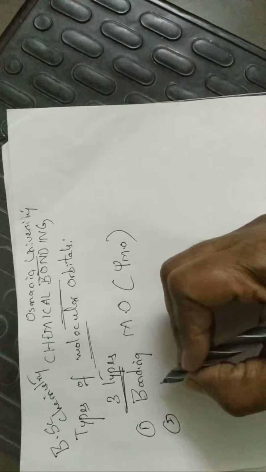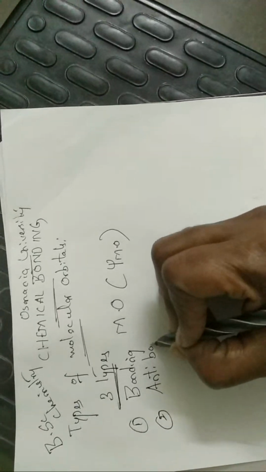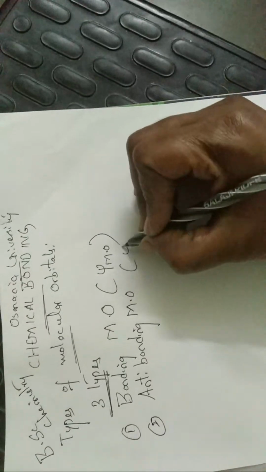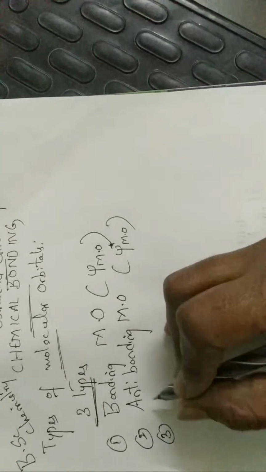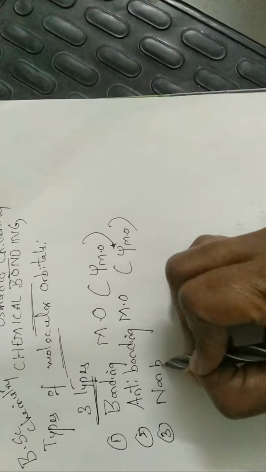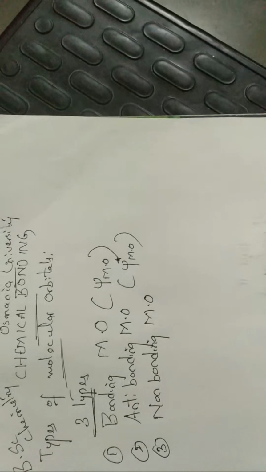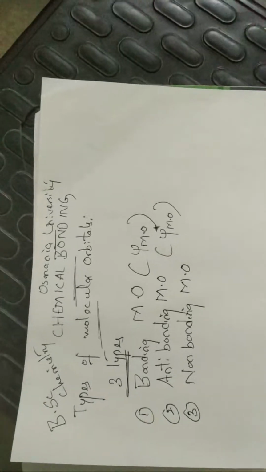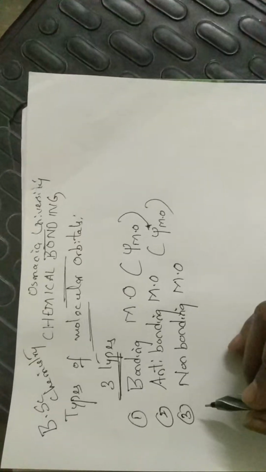Second one is anti-bonding molecular orbital, which we will write as psi star MO. Third type is non-bonding molecular orbital. These are the types of molecular orbitals you have for BSc chemistry, first year, first sem, of Osmania University.